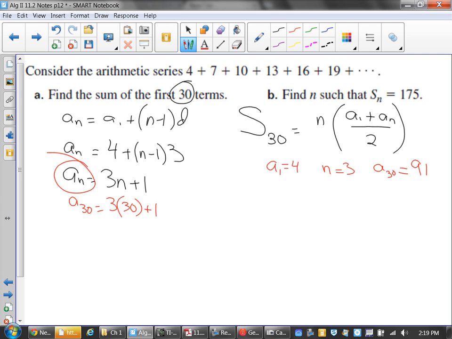I now have enough information to fill in all the blanks for the sum of 30 terms. The sum of 30 terms is 30 times 4 plus 91, all over 2. What is half of 30? 15, and then 15 times 95 is?